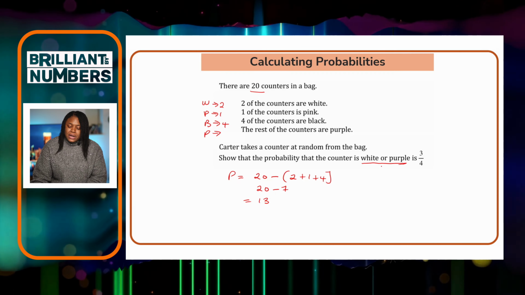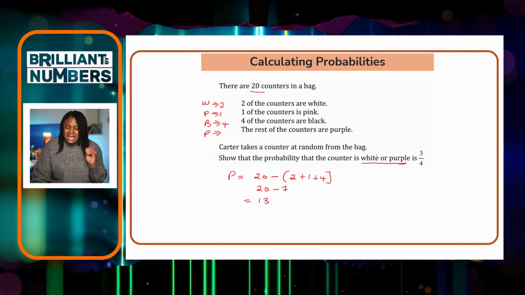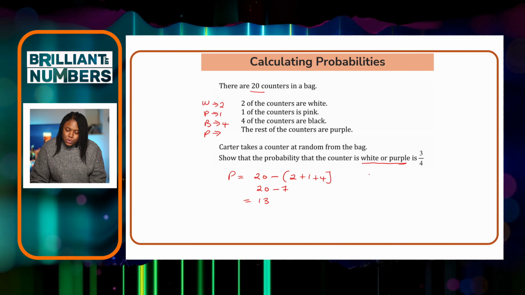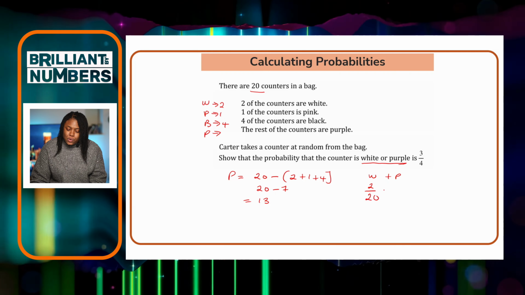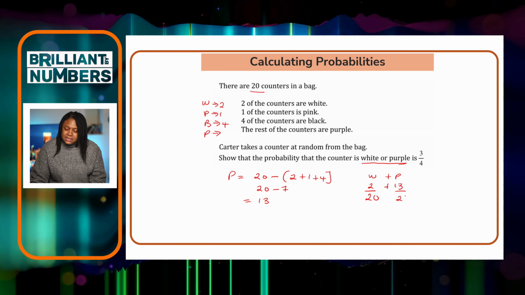So now we can work out the probability of white or purple, and that means to add them together. So white is 2 of 20, so 2 20ths for white and 13 purples, so 13 20ths.